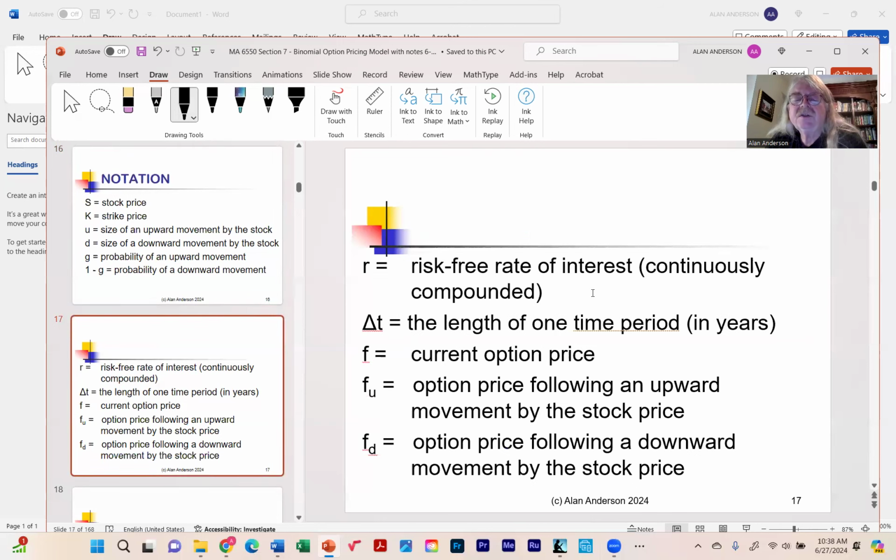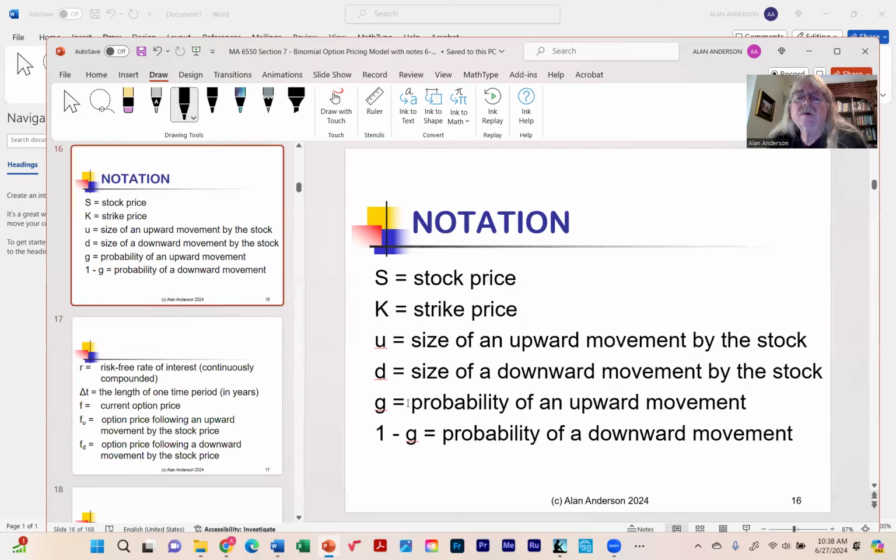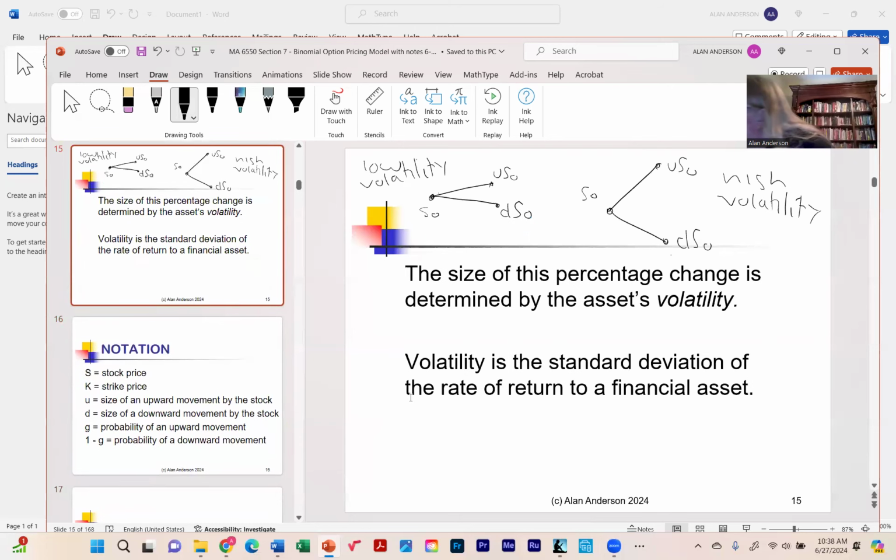R is the risk-free rate of interest continuously compounded. Delta T, by the way, is going to be the time in between these steps, as they're called, these time steps. Okay, this is T0. We always use 0 for today, by the way. So this delta T also is a constant.